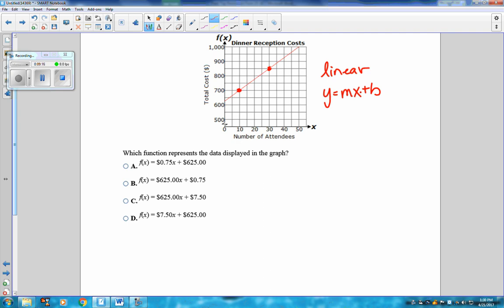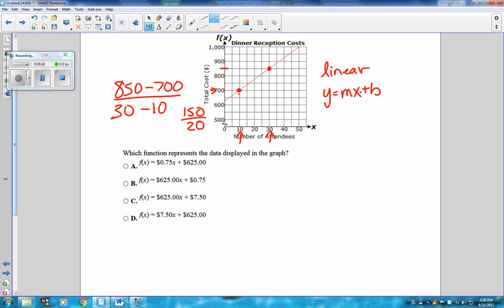So to get from 700 to 850, I have to do 850 minus 700 divided by 10 and 30 are my x values, so I have to do 30 minus 10. So 850 minus 700 is 150. 30 minus 10 is 20.